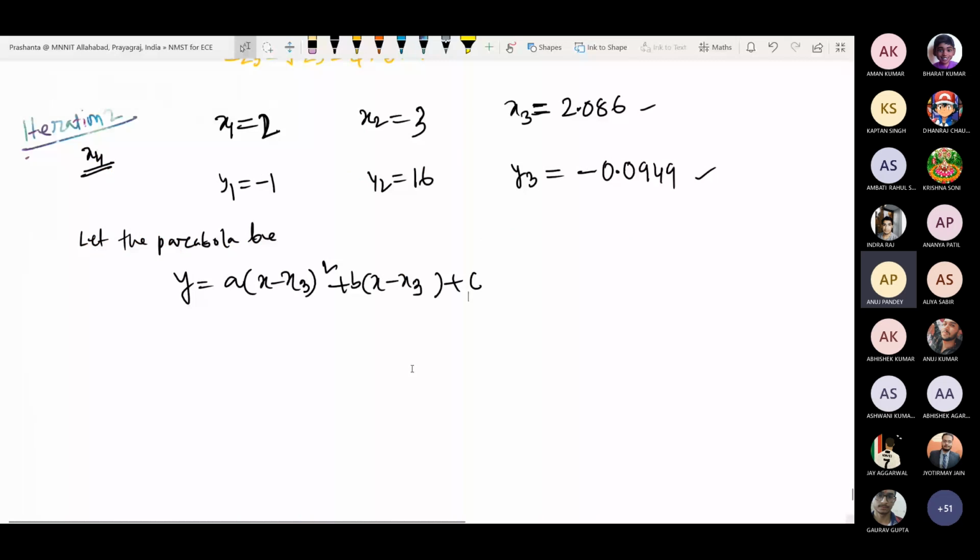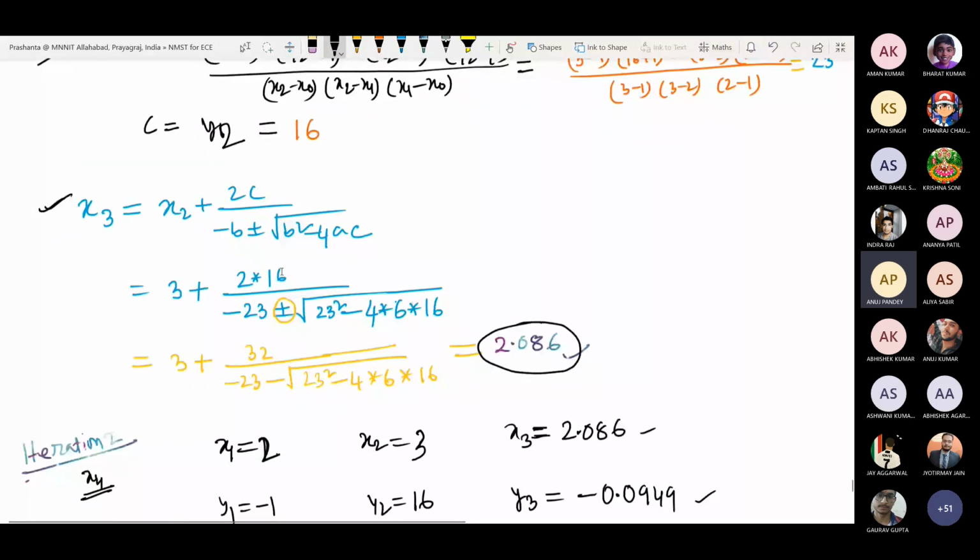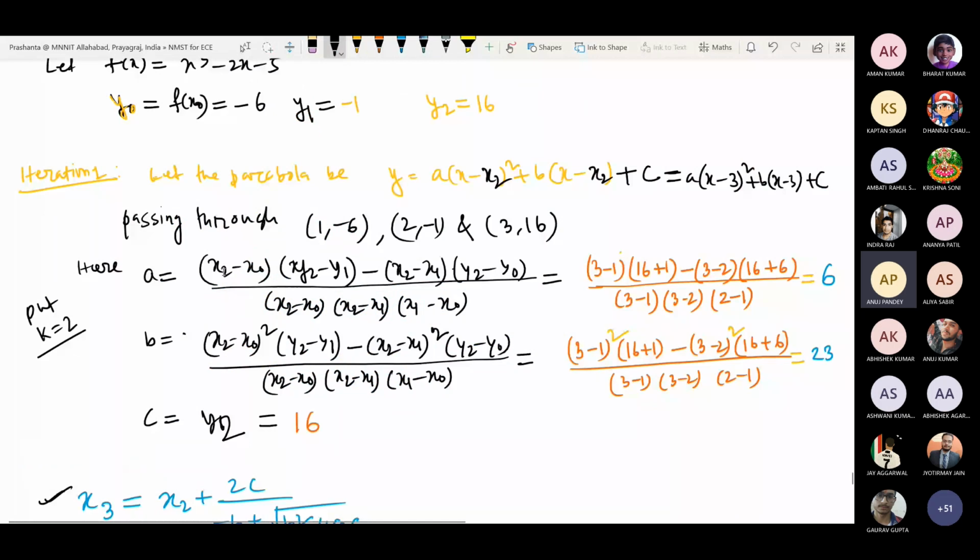So tell me what are the values of a, b and c. What will be a? Look at these values of a, b, c. Everywhere one index will be increased.